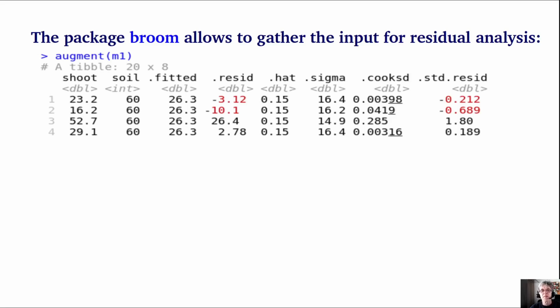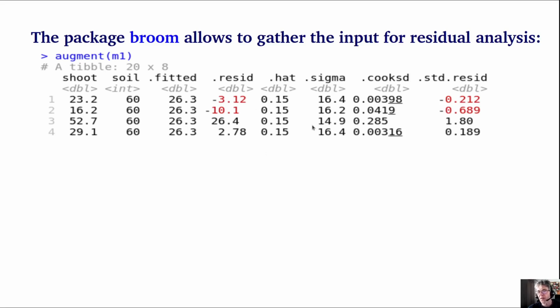The package broom allows us to gather the input for the residual analysis into a single table or data frame. This is very handy. The command augment of this package gathers the response variables, the explanatory variables, the fitted values, the residuals, the standardized residuals, which are the ones that we are going to use, and the Cook distances.